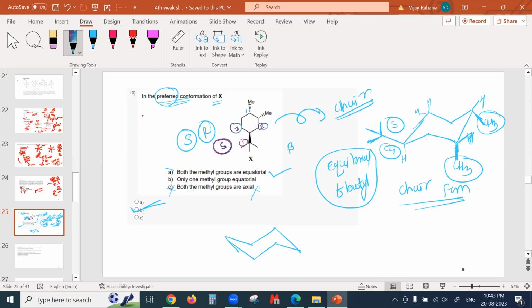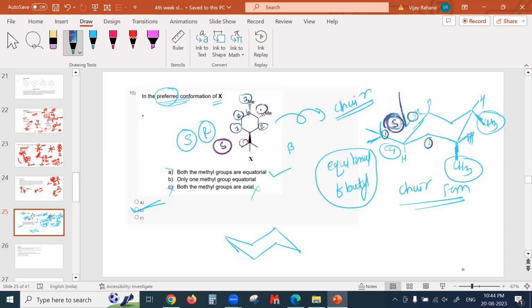If you give the numbering here as well, 1, 2, and 3, and look from the upper side, this is the S configuration. So we have converted the structure correctly at this center. Looking at the other center, the numbering first will be this, second this, and the lower one is third.